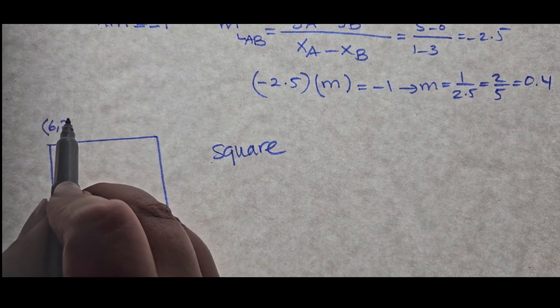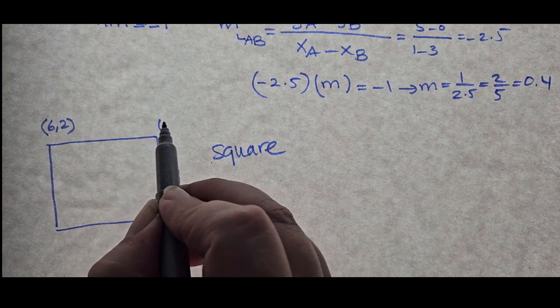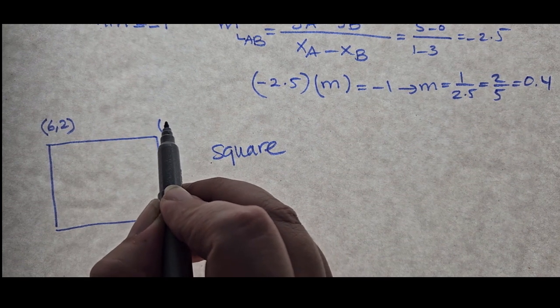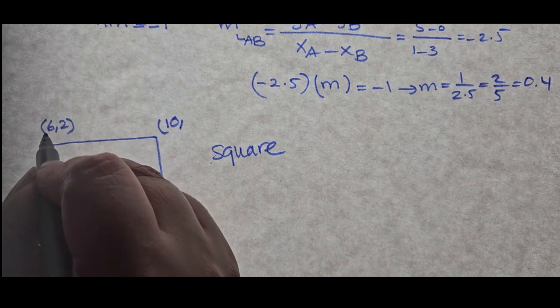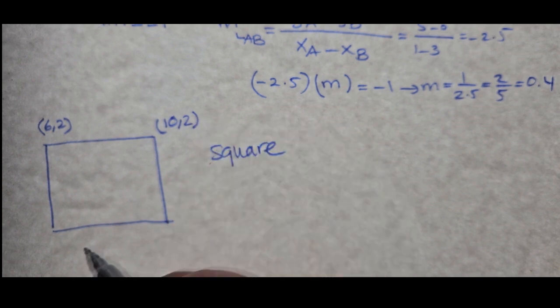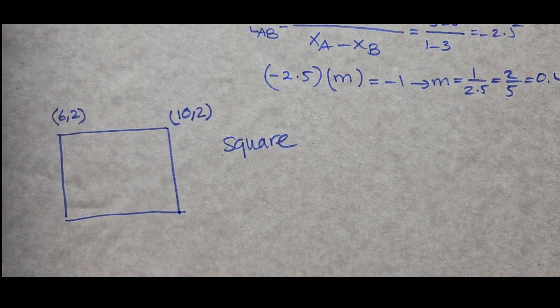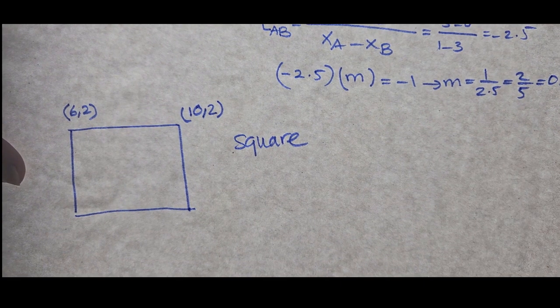Let's say I give you the coordinates of 2 points, two endpoints on one side of the square. So (6, 2) and (10, 2). From here, what you can do is basically find the distance.